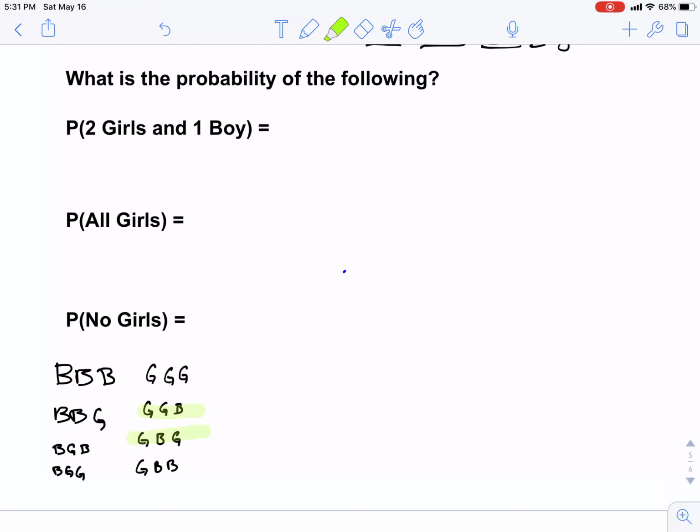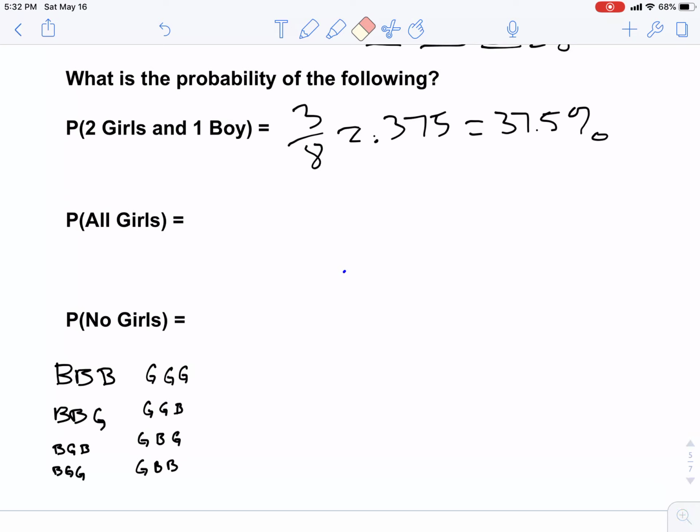Here's one that has 2 girls and 1 boy. Here is a third one that has 2 girls and 1 boy. So that's going to be 3 out of 8, 0.375, which is 37.5%.